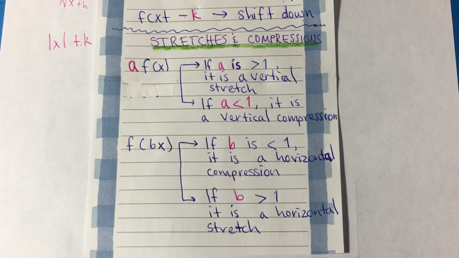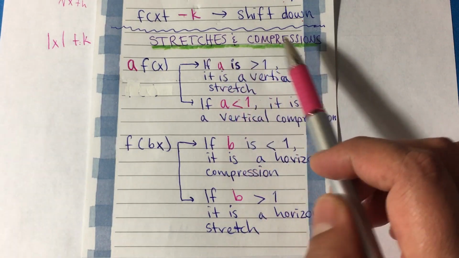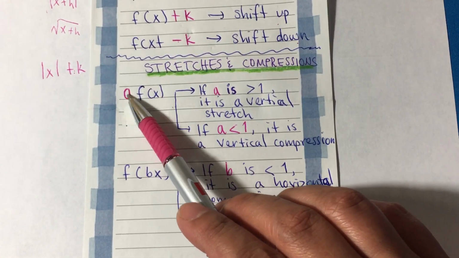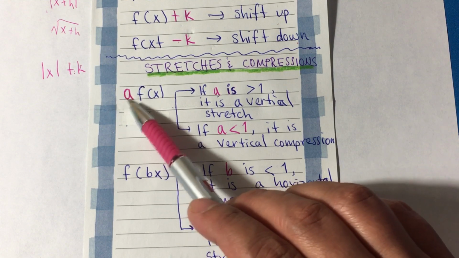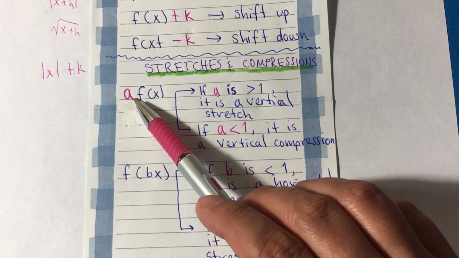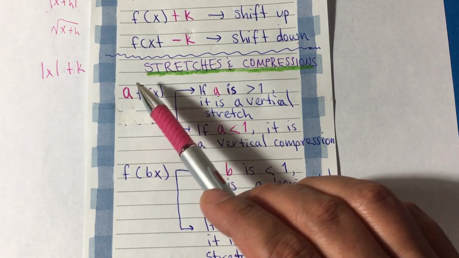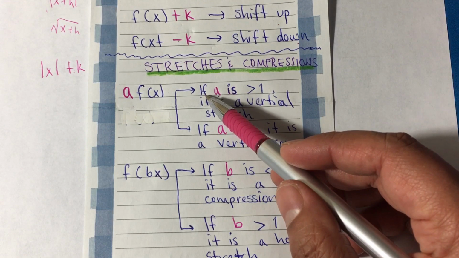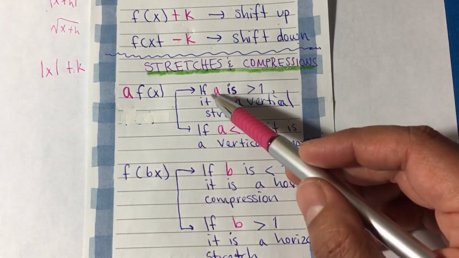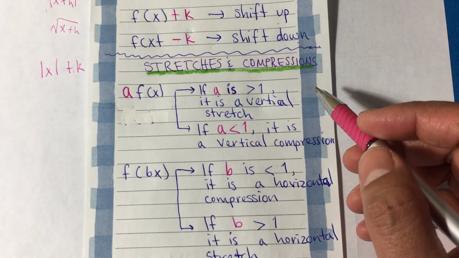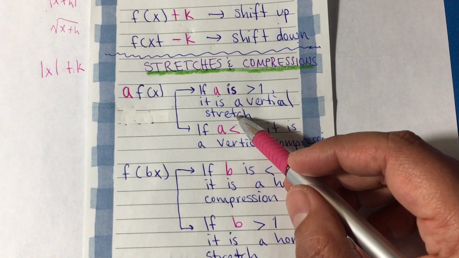Now for stretches, well, stretches and compressions. Whenever you have a function, it will have something outside being multiplied as a coefficient. That is represented by a, but it could be 2f of x or 5f of x or 1/2 f of x. If a is greater than 1, meaning that it's a whole number, then it's going to be a vertical stretch.